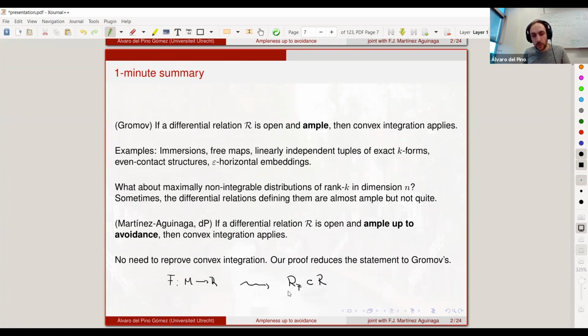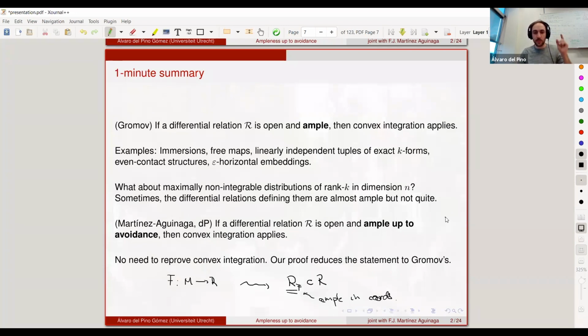And F is still a formal solution of this, but now this is ample in coordinate directions. So basically for every F, you have to carve out in a different way, but we will see.